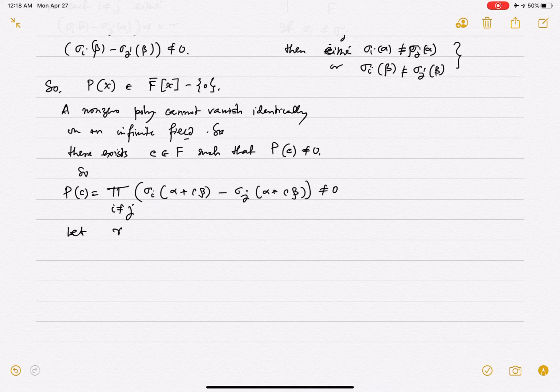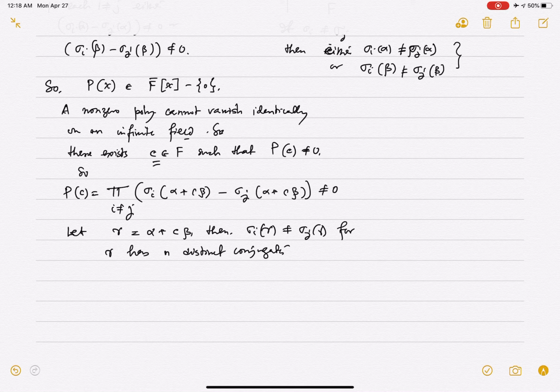So if you let gamma be alpha plus this c times beta, then gamma has n distinct conjugates. Sigma i gamma is not equal to sigma j gamma for i not equal to j.